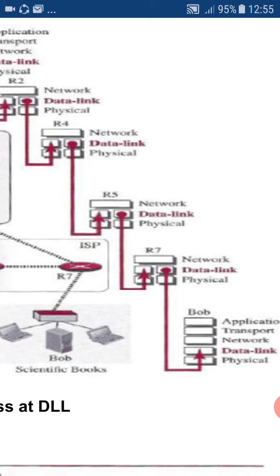One thing that you can observe is the source computer and destination computer communicate using only one data link layer, because Alice's computer is connected to only one network, whereas Bob's computer is connected to only one network. But the routers have two data link layers because a router takes the input from one network and gives the output to another network.